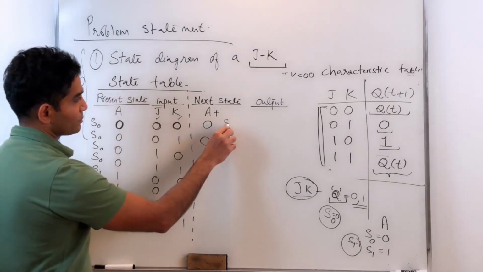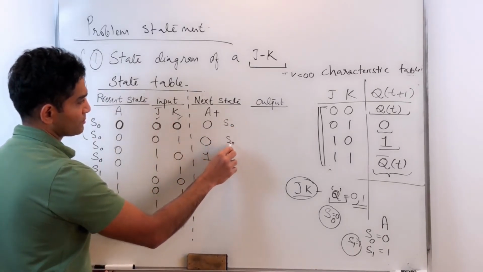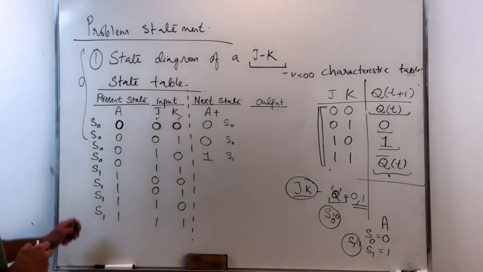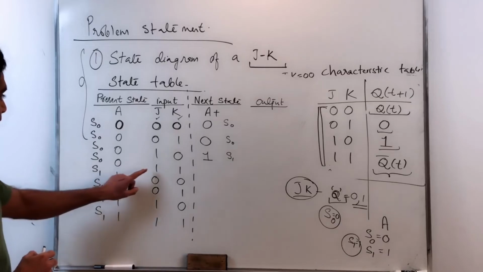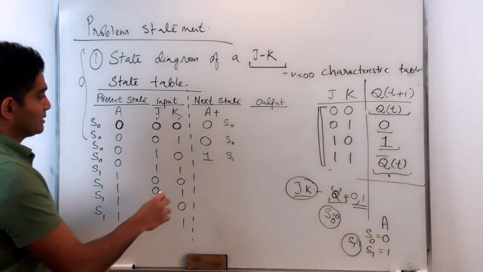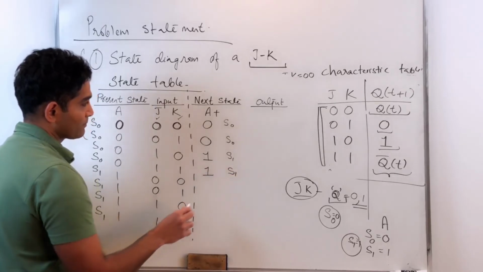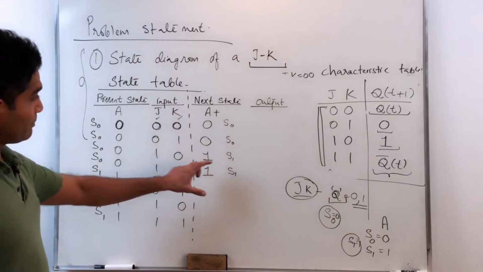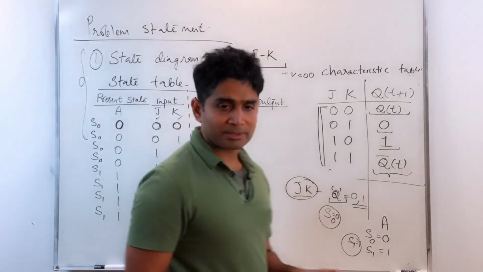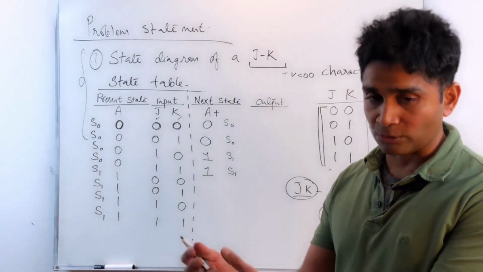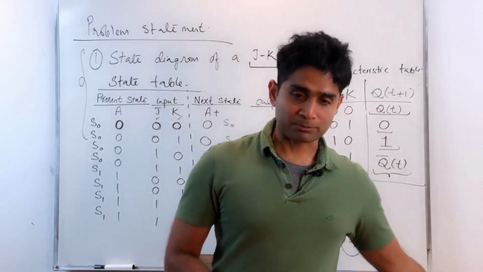If I'm in a 0 state, input of 1, 1 occurs. That takes me to the next state as S1 again. I don't have the state diagram here, but I'm hoping that you refer to the state diagram from your notes to populate this table.